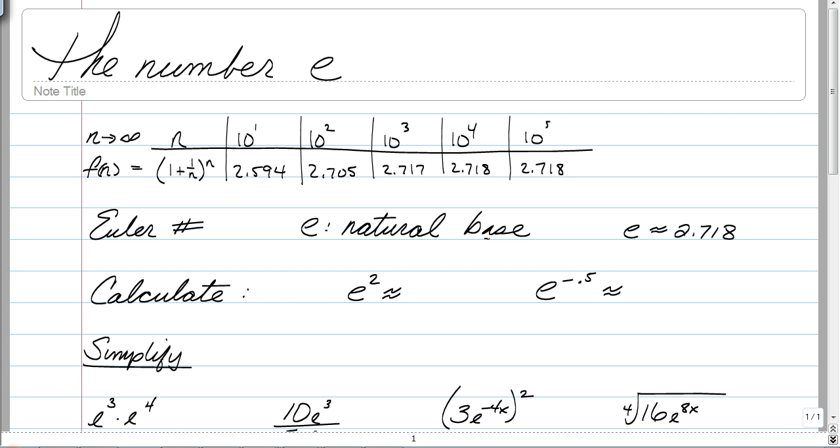So if you take your graphing calculator and type e squared in it, it's going to give you approximately 7.389. And all you have to do is type it in your calculator. So where is the e button? Well, if you look to the left of your number 4 and 7, you will see a log and an ln button.